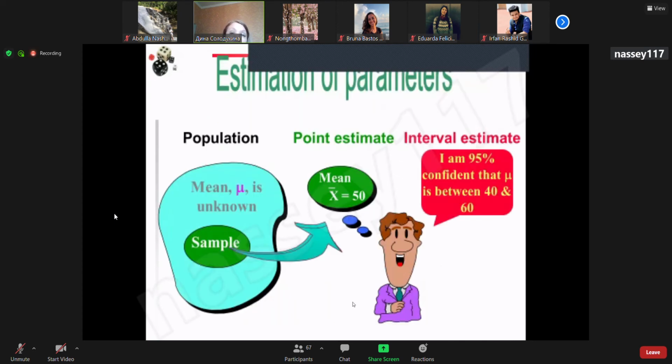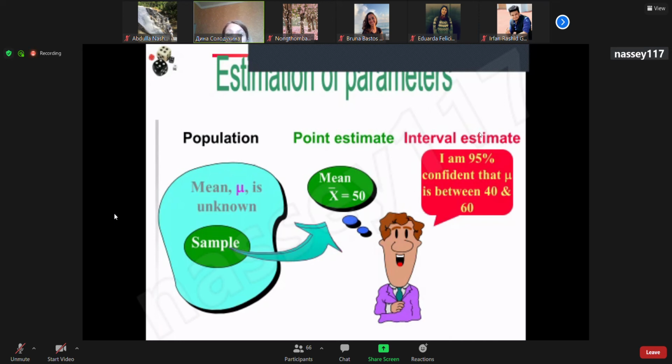So how can we make estimation of parameters? For example, we have a population. From this population, we take a sample and we estimate an average, let's say the mean, in the sample. So our mean is equal to 50. This is called point estimate, which is exactly measured in the studied sample.